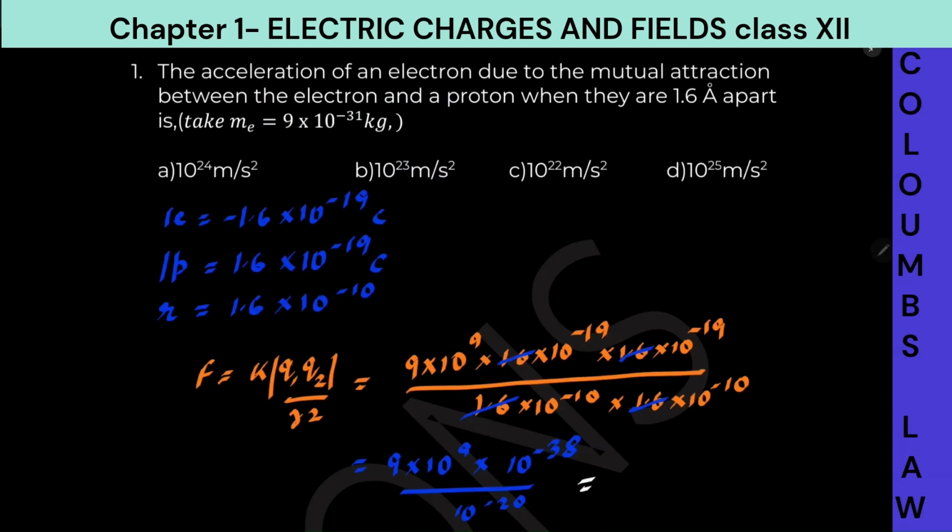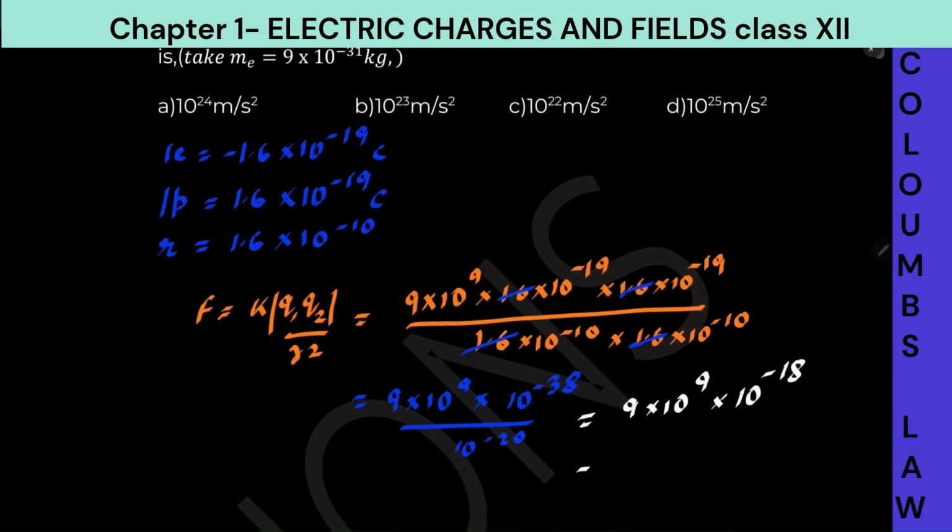So which is equal to 9 into 10 to the power 9, and 10 to the power minus 38 divided by 10 to the power minus 20, that will become 10 to the power minus 18. So our result will be 9 into 10 to the power minus 9, and that's the force.